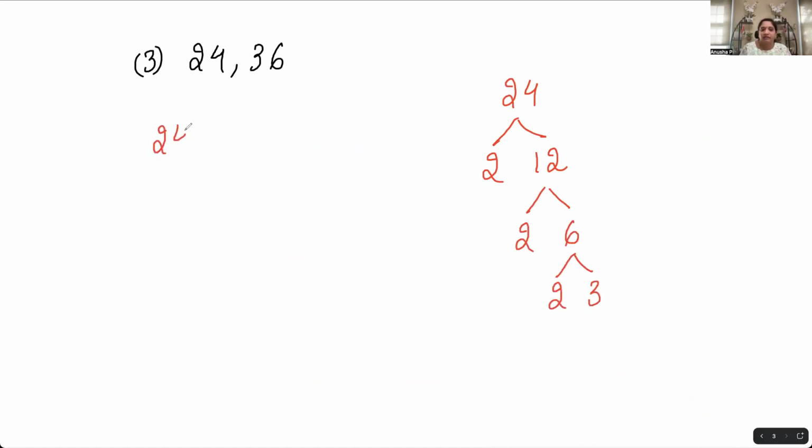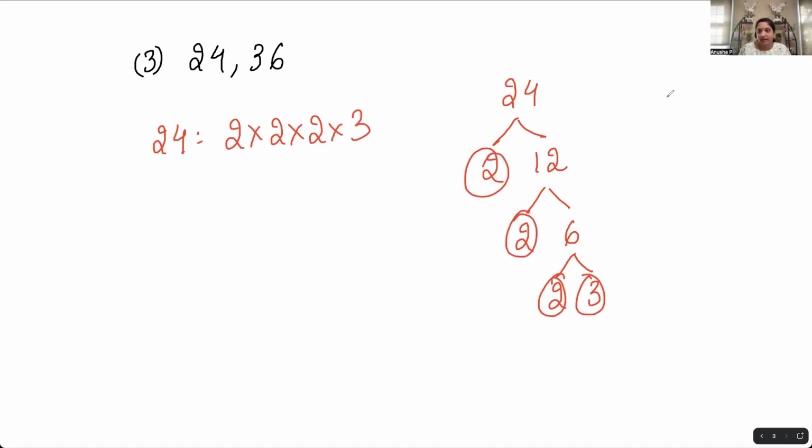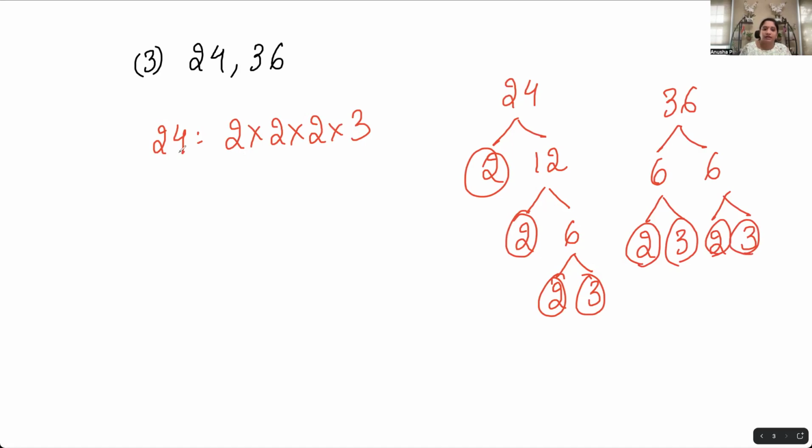When you do prime factorization for 24, it is 2 times 2 times 2 times 3, because we are circling all the prime numbers. Now for 36, it is 6 times 6, and 6 is nothing but 2 times 3 and 2 times 3. These are all prime numbers. But always we have to write from least to greatest: 2 times 2 and 3 times 3.